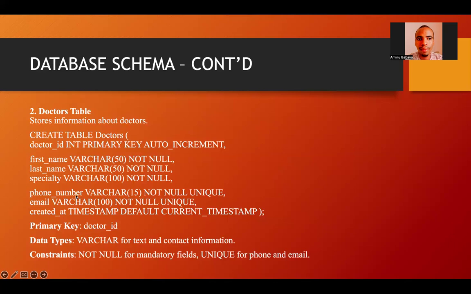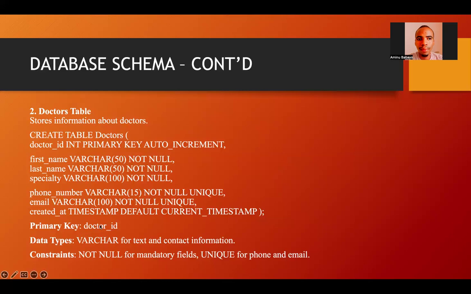And also for phone number, variable character, and we also have email. Also, it's going to be not null. And we also have the created at timestamp, which is going to add the default current time that the data record is added.